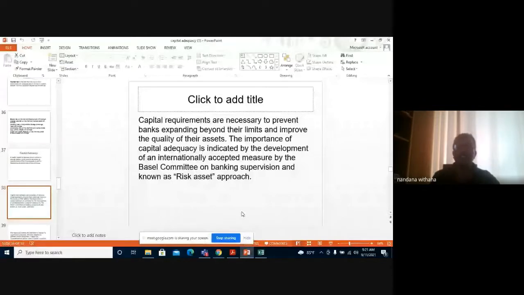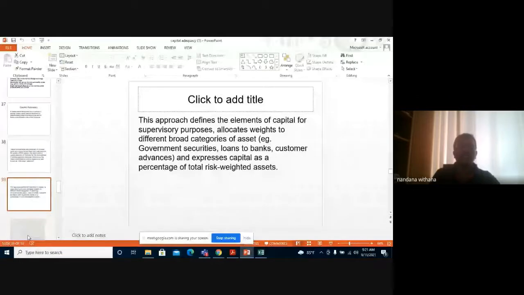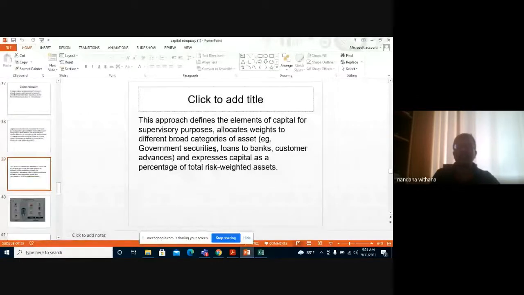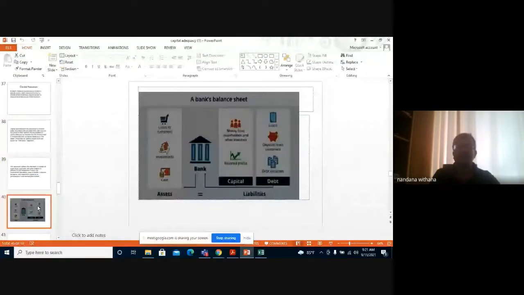The importance of capital adequacy is indicated by the development of an internationally accepted measure. That's Basel, the risk asset clause. All assets are not equal, so they are risk-weighted assets. That's what we said earlier as well. At the beginning, I asked, what are the asset side, capital and liability side? Assets are your cash, your investments and loans. These are the assets of a bank or a finance company.